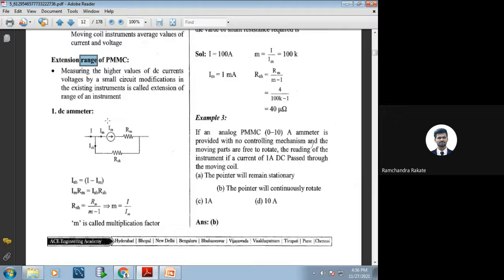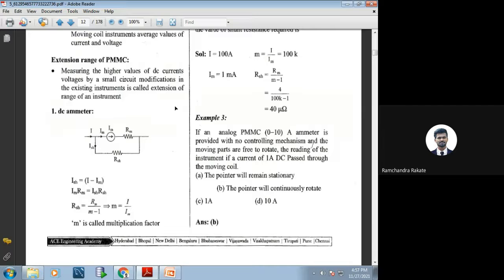If there is too much change of request, then we move to the next instrument, or a total change of instrument. But when we require a certain small circuit modification in the instrument, then we look for range extension. So measuring high values of DC current by a small circuit modification in the existing instrument is called the extension range of an instrument.